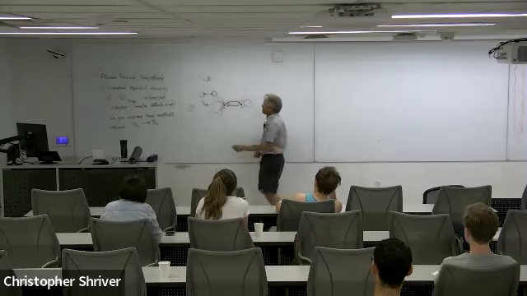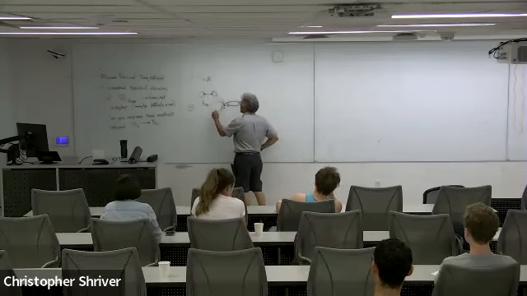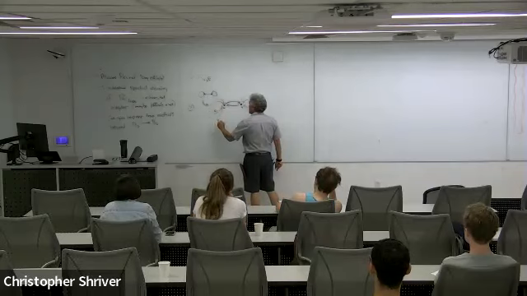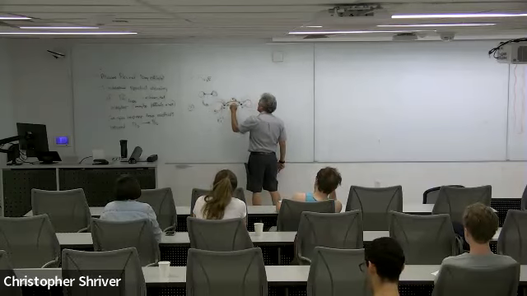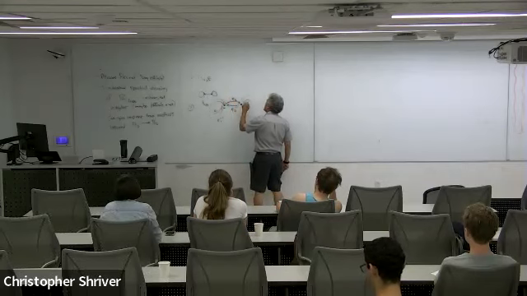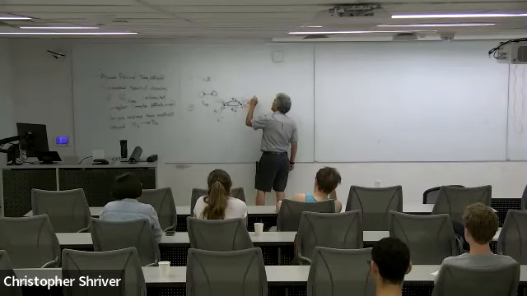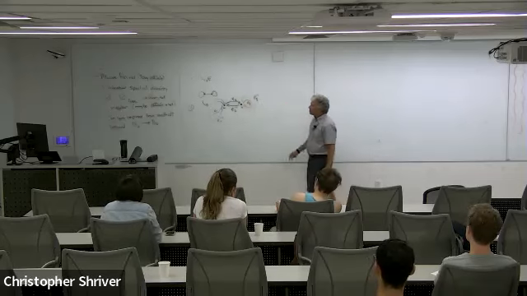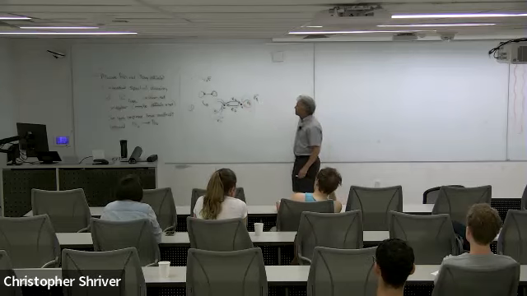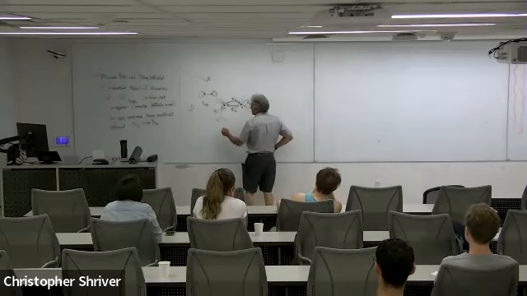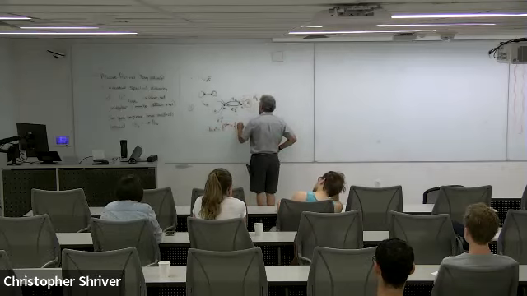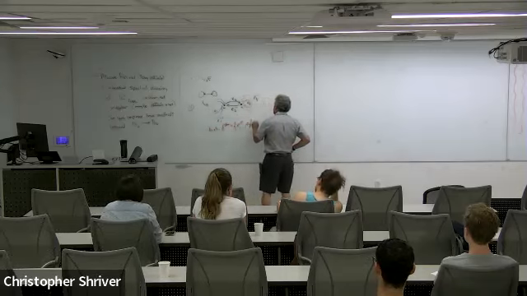We think of directed edges: if this is the directed edge E1, this will be the inverse edge E1 inverse. If this is E2, this will be E2 inverse, and if this is E3, then this will be E3 inverse. So now this is really a graph with vertices U and V, and directed edges E1 plus or minus, E2 plus or minus, E3 plus or minus.